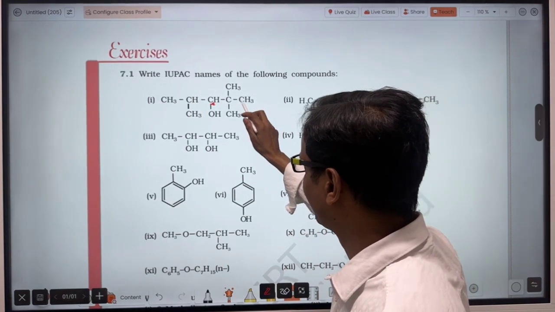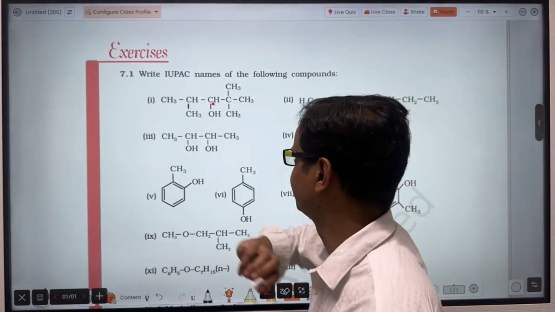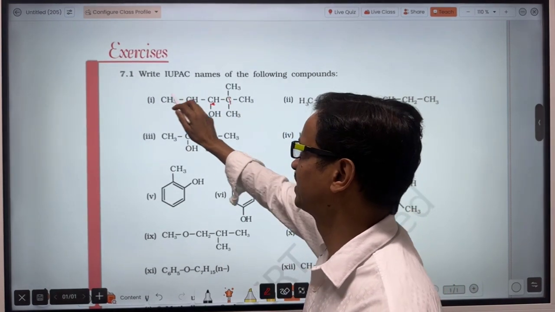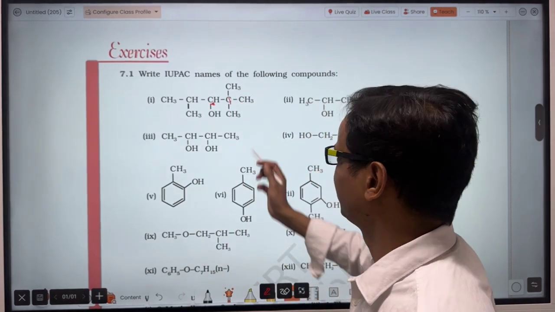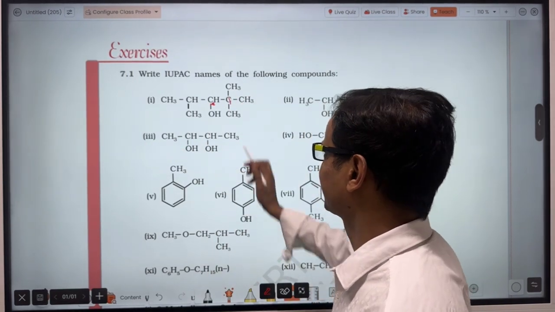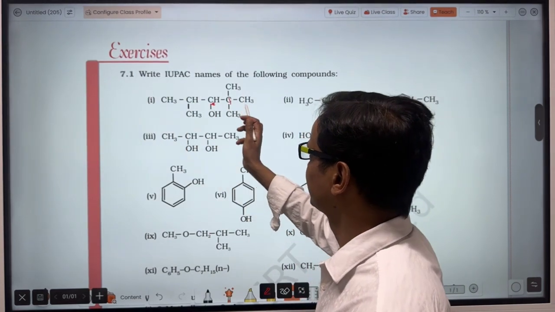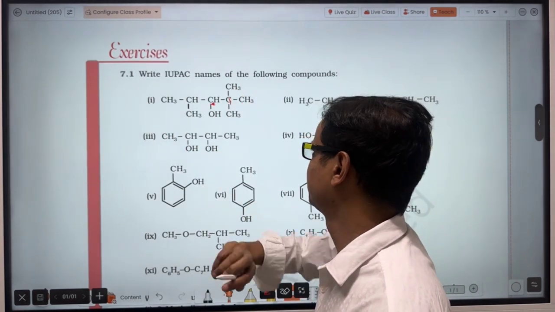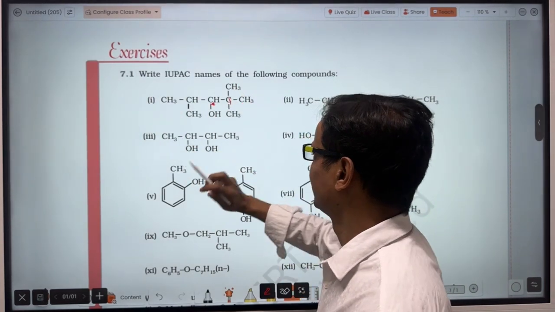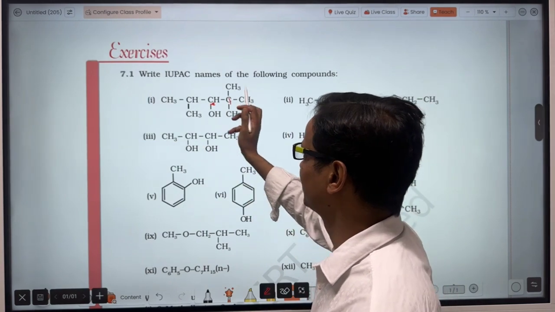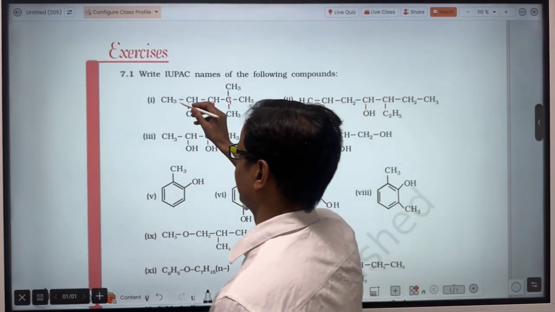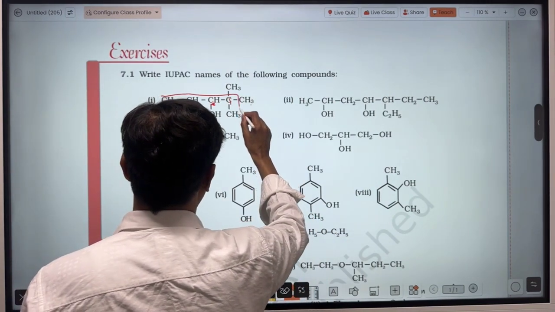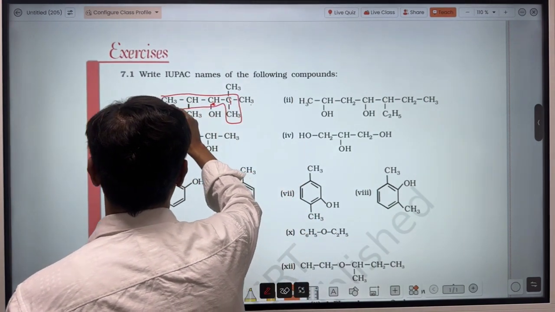It starts from 1, 2, 3, 4, 5, either from this side also 5, from this side also 5. So any chain you can take here, because when you go from this side, the number of substituents is 1, 2, 3, 4, and if you go from this side, the number of substituents will also be 1, 2, 3, 4. So whatever it is, any chain you select. So this chain I am selecting.